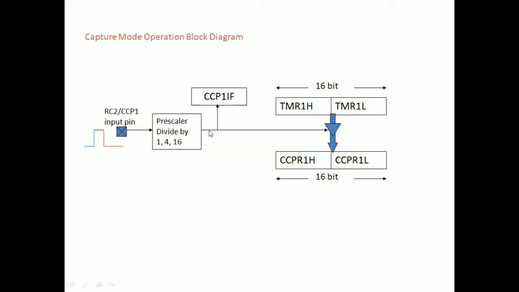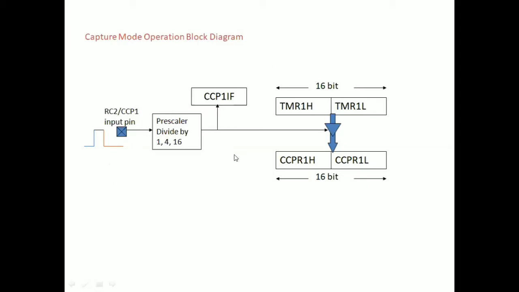When there is an event like a rising edge or falling edge, it sets the CCP1IF flag and also captures the timer 1 register value into the CCP register. This happens as soon as the RC2 input pin detects a rising edge or a falling edge signal.